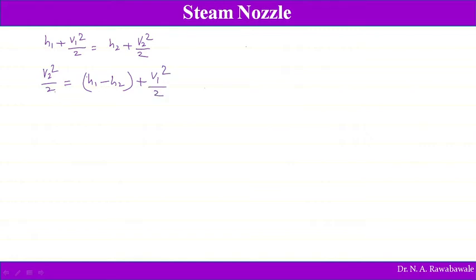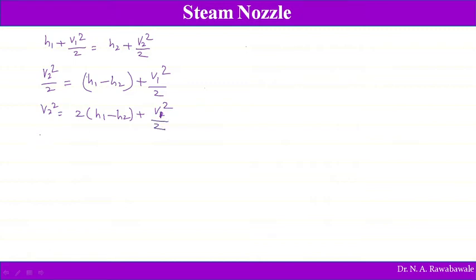So transferring this 2 on right hand side, we get V2 square is equal to 2 in bracket H1 minus H2 plus V1 square divided by 2.